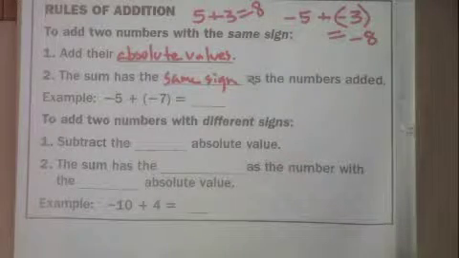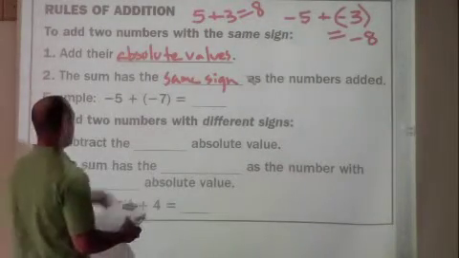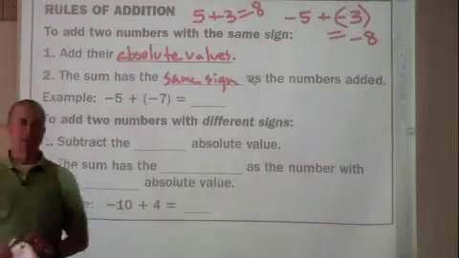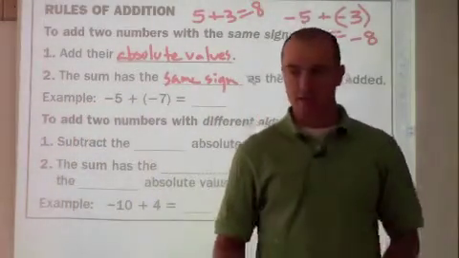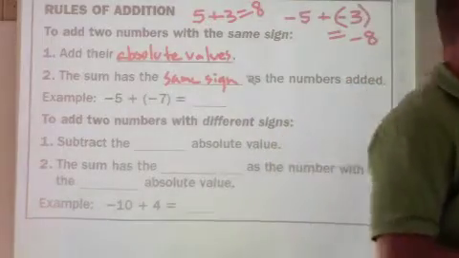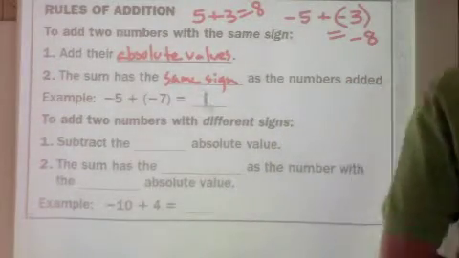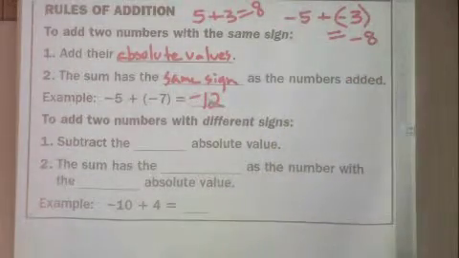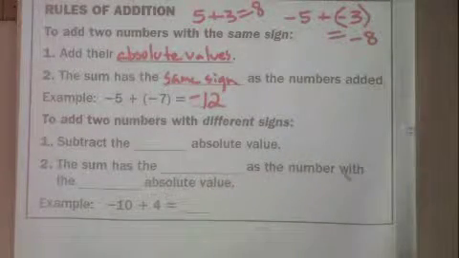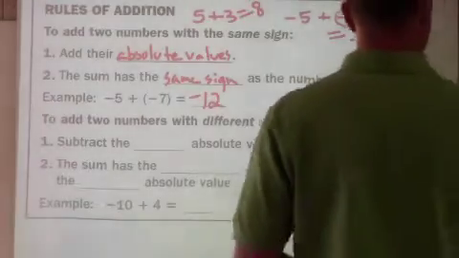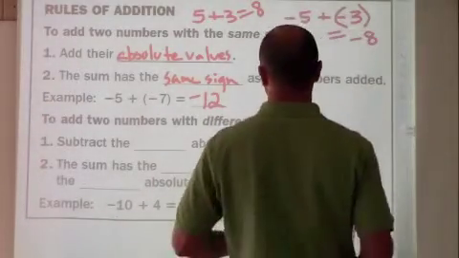If you had negative 5 plus negative 7, some people are like, oh, I'm just not good with negatives, Mr. Hilliard. I said, well, forget about the negatives. What's 5 plus 7? 12. And they're both negative, so your answer is going to be negative. If you owe somebody $5 and then you owe them $7 more, you're going to owe them $12.